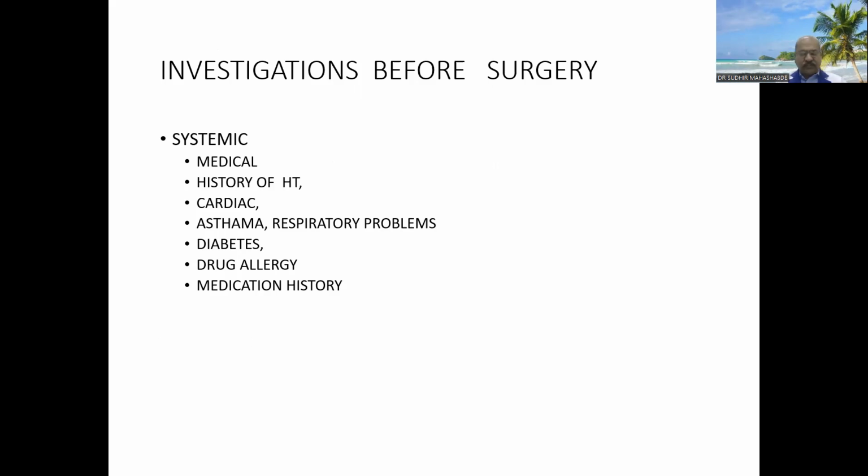Before every surgery, we will be doing some investigation. So, basic examination, then we want to rule out systemically if there is any medical problem: any history of hypertension, any cardiac abnormality for which the patient is taking medicine, asthma or other respiratory problem, diabetes, any urinary problems, any drug allergies, any medication history, whatever treatment he has taken.